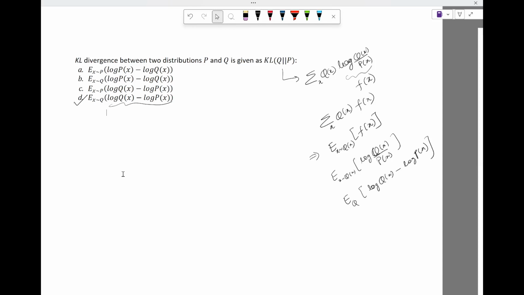So just that same formula is rewritten in a different way. Okay, I think this was quite straightforward.